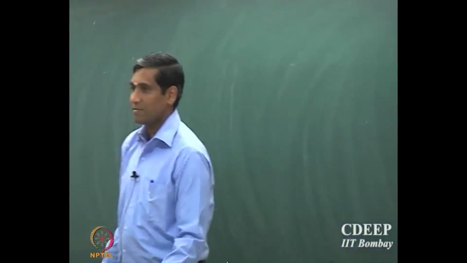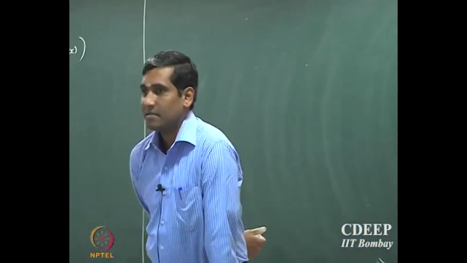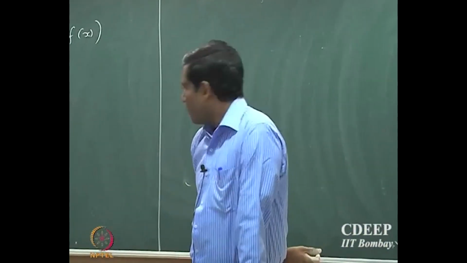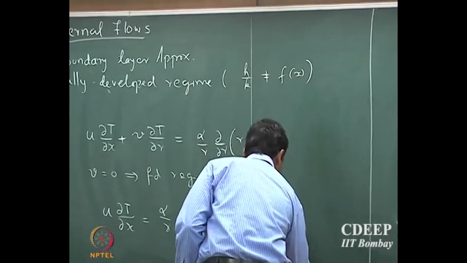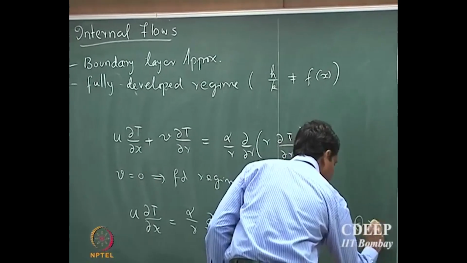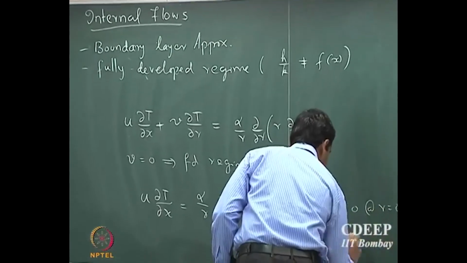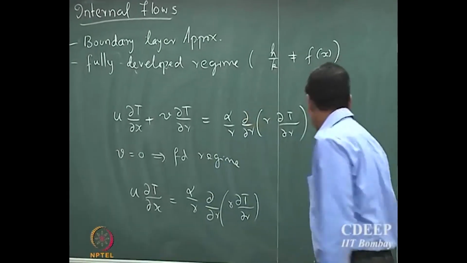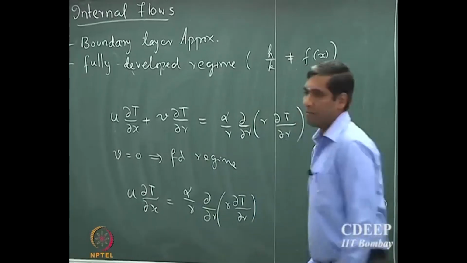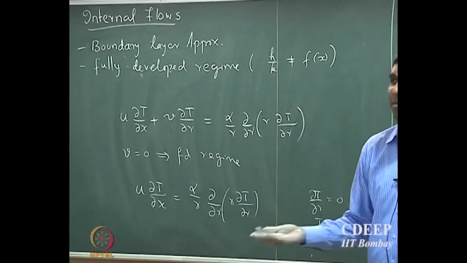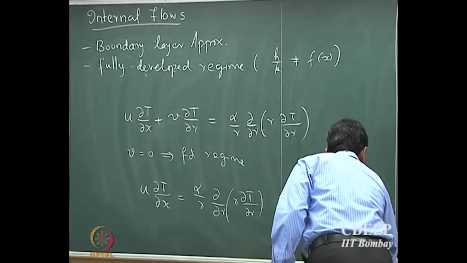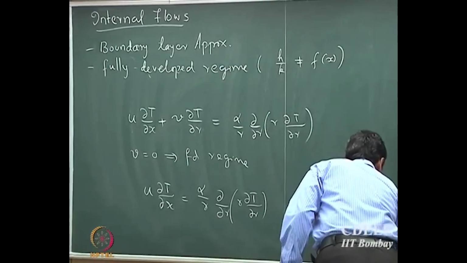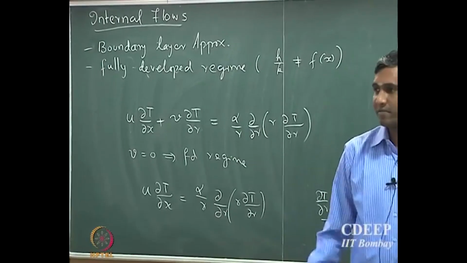Now how do we solve this equation? Boundary conditions are easy. dT by dr is 0 at r equal to 0, and if it is a general boundary condition, T equal to Ts of x at r equal to r naught.